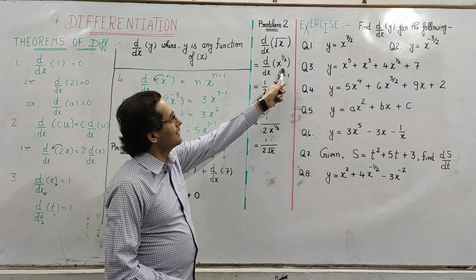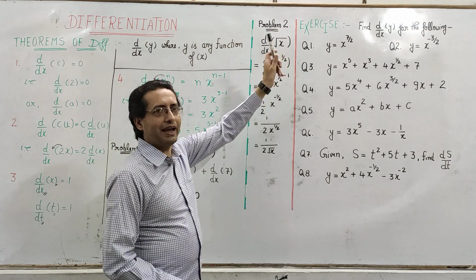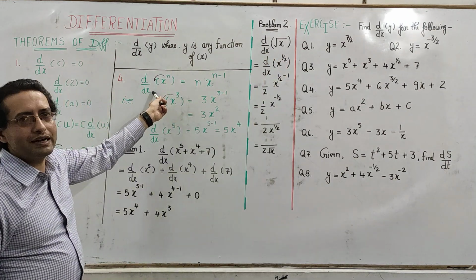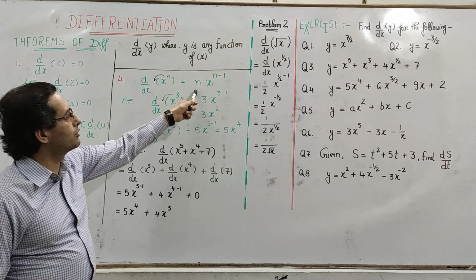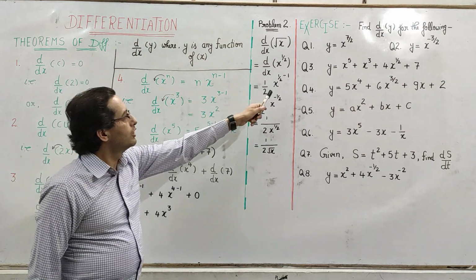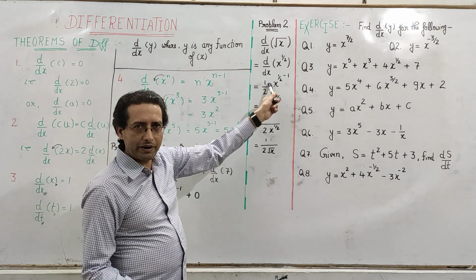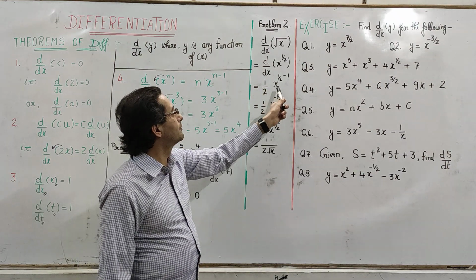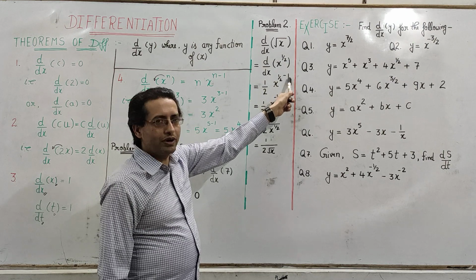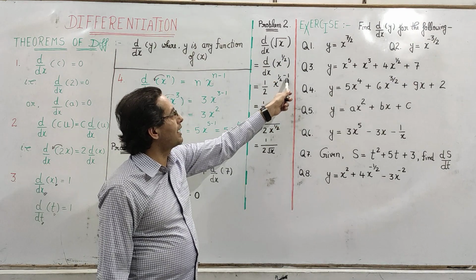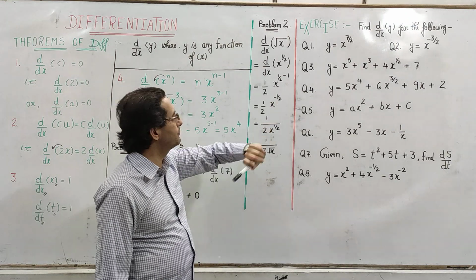So again it is in the form of x power n, and we have the formula d over dx x power n is equal to nx^(n-1). Use it here, the power comes in the form of the multiple, and minus 1, that is 1 upon 2 minus 1, which is minus 1 by 2.